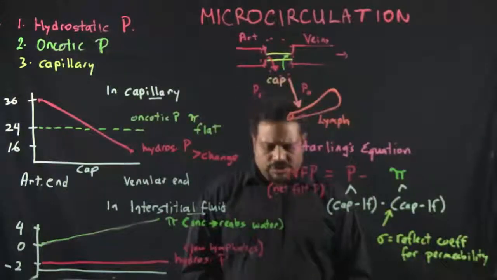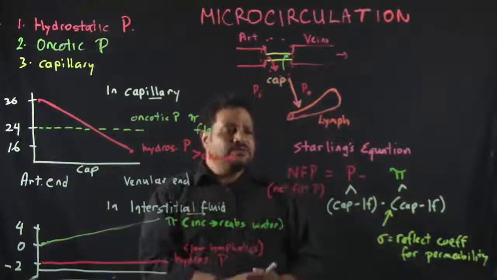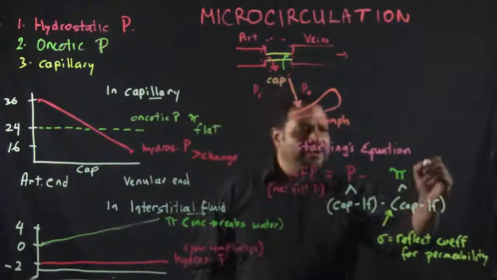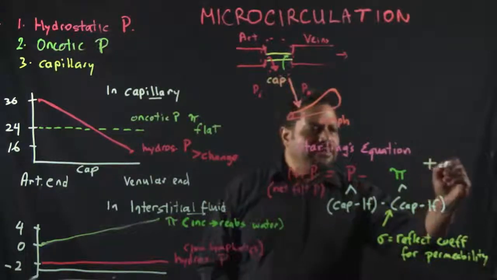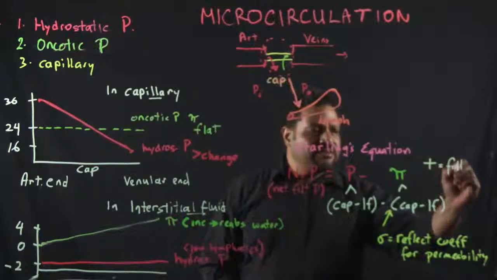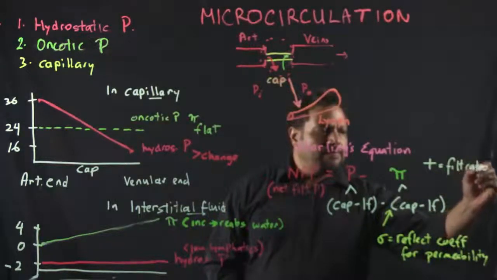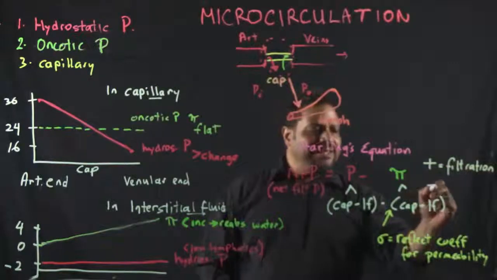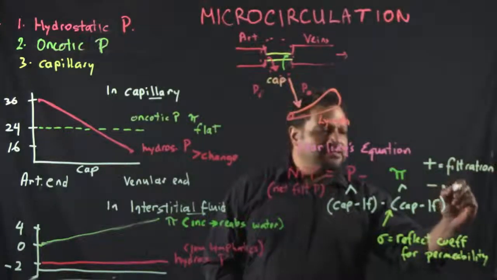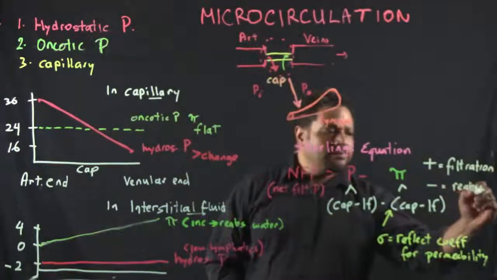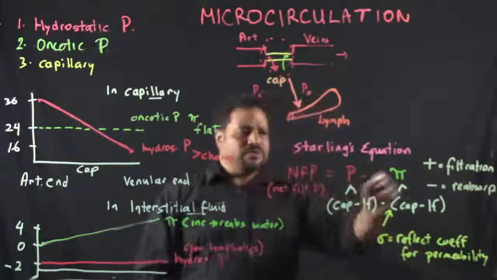We plug all of these values into this equation, and if we have a positive value, that means we have filtration. If we end up with a negative value, that means we have reabsorption.